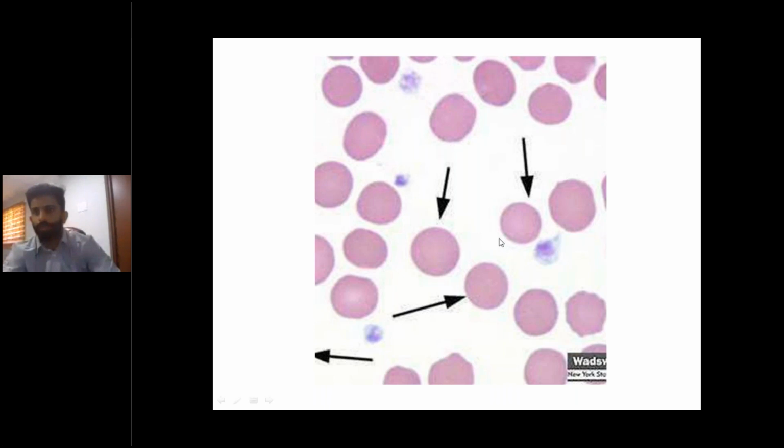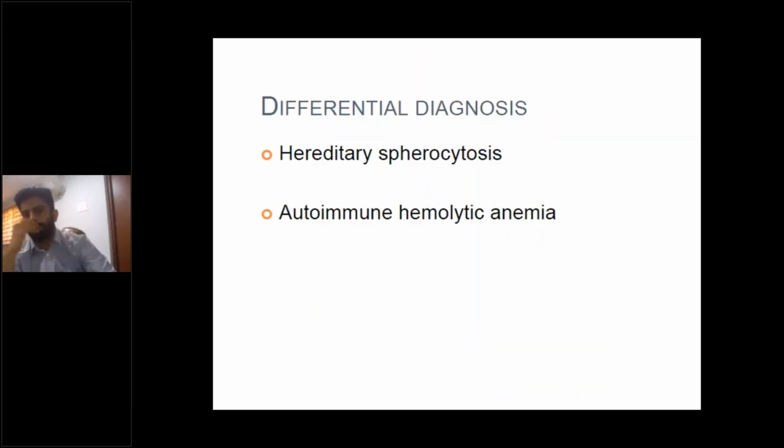So if the peripheral smear was not given, there's a differential diagnosis that you have to consider. It can be any hemolytic anemia, but because of the presence of splenomegaly, you have to consider the diagnosis of hereditary spherocytosis and autoimmune hemolytic anemia. So these are the two most common hemolytic anemias that present with splenomegaly.